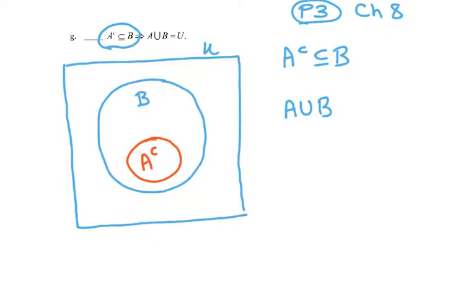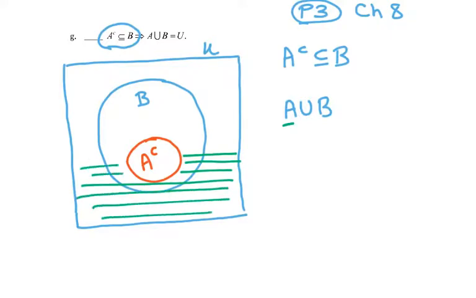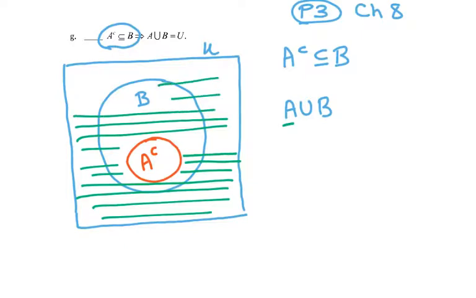Well, the set A is everything outside A complement. Let's shade that in green. Okay, that's the set A. And we want to take the union of that with B. So let's shade B in yellow.